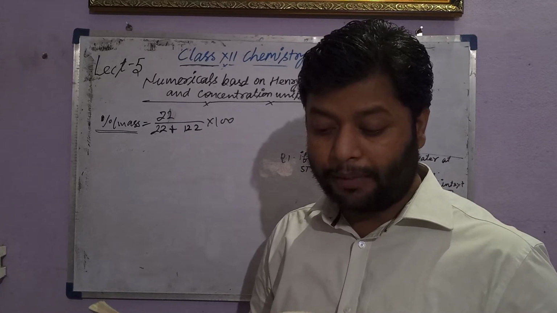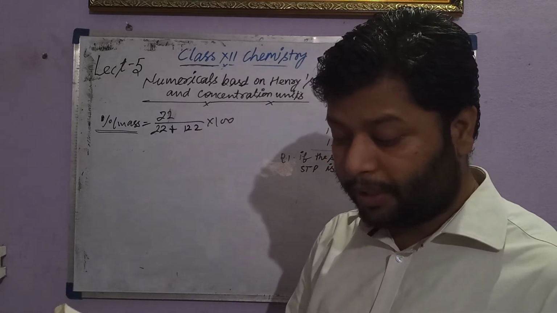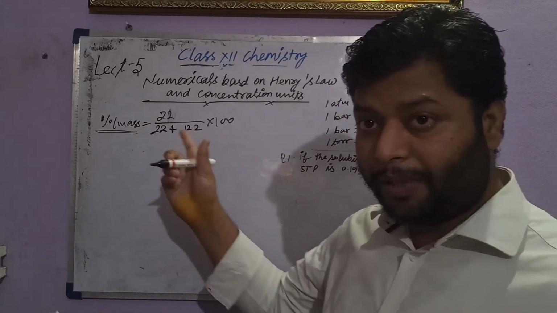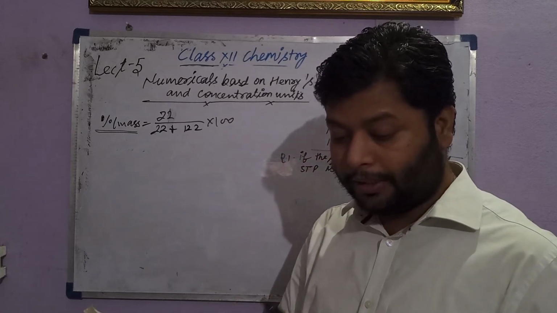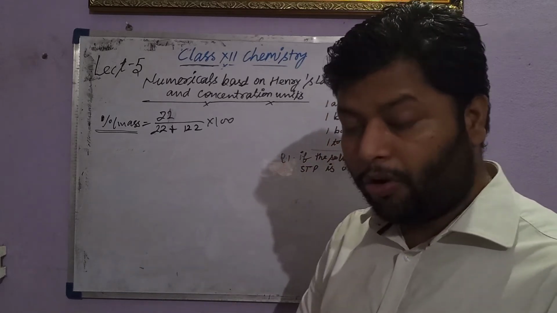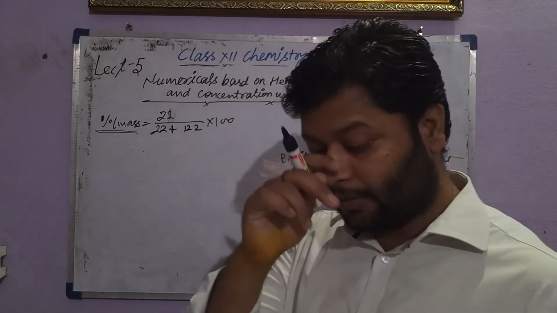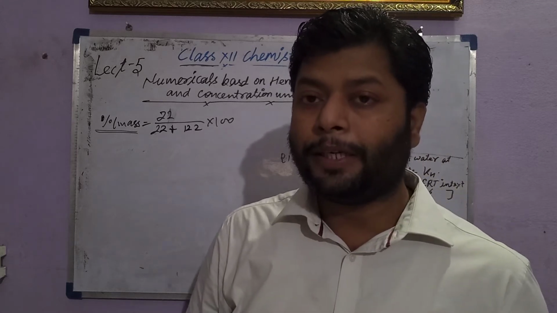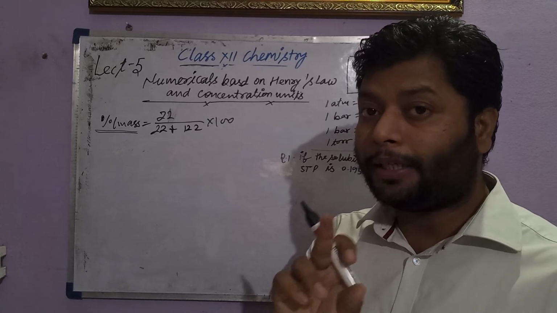Calculate the mole fraction of benzene in a solution containing 30% by mass of benzene in carbon tetrachloride. The previous question was based on that, the first example that I solved, the same question is given here. You have to solve for the mole fraction of benzene, and for that 30% by mass in carbon tetrachloride is given. Here the solvent is carbon tetrachloride, so water will not be the solvent.